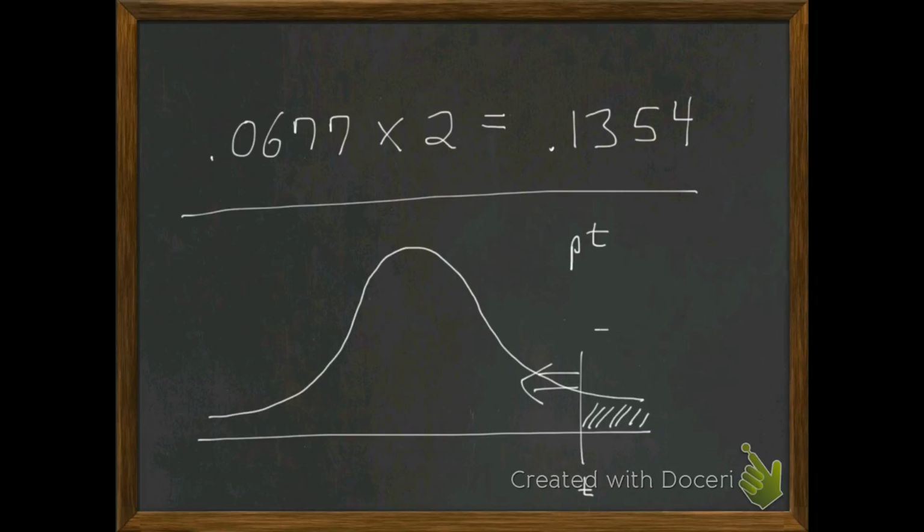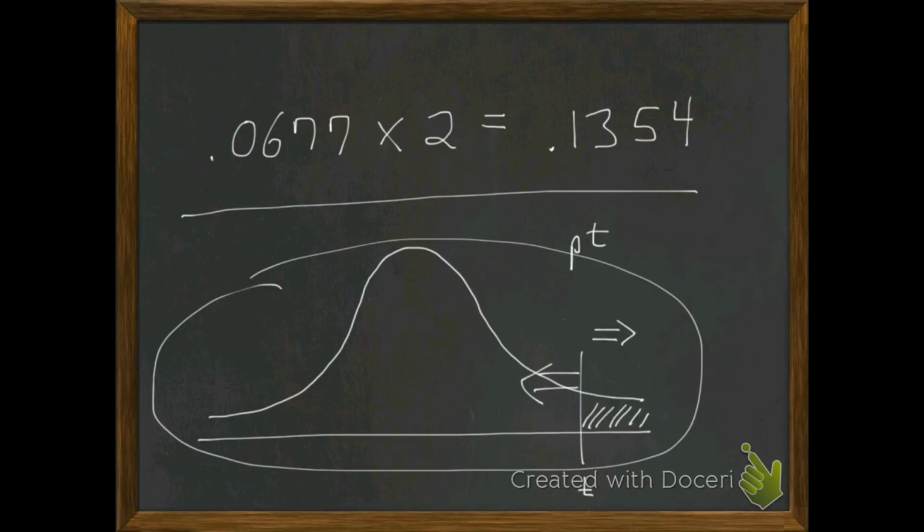But since I want the area above that and the area under the curve is 1 square unit, or 100% of our information, I have to take the entire value, subtract out what I get as the value below, and that should make a lot of sense. That gives you the area in the tail that we actually want.